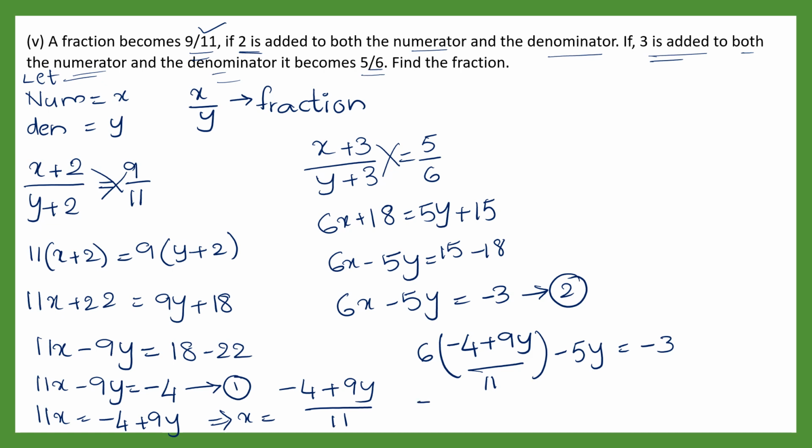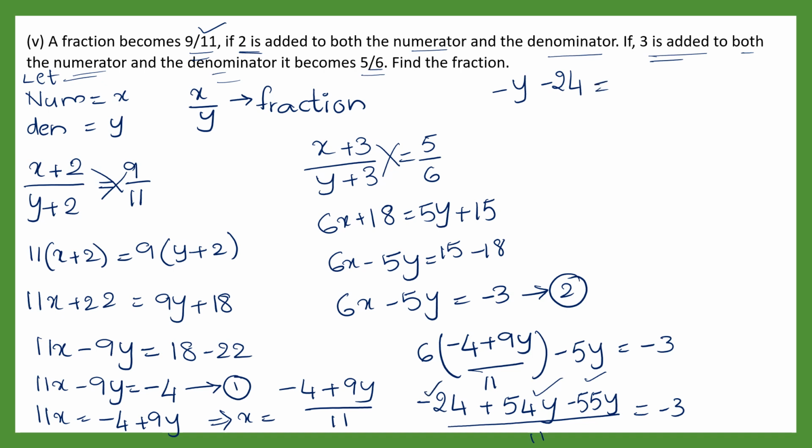So you get minus 24 plus 54y minus 55y is equal to minus 3. 54 minus 55 gives minus y. Minus 24, you have here.